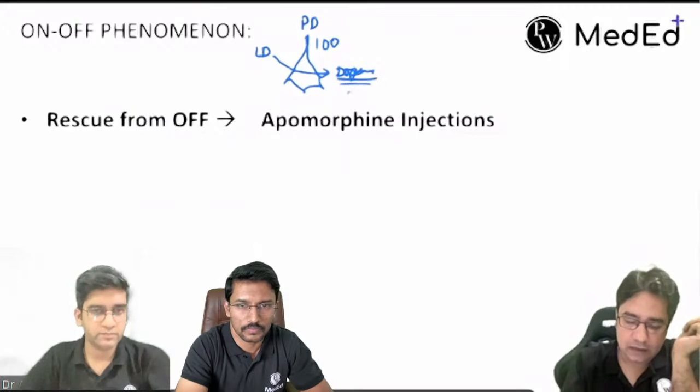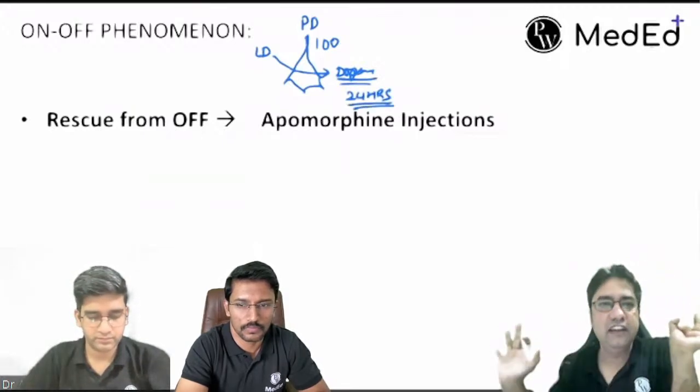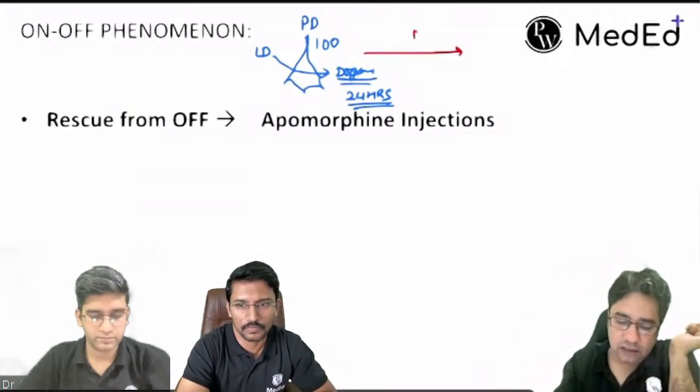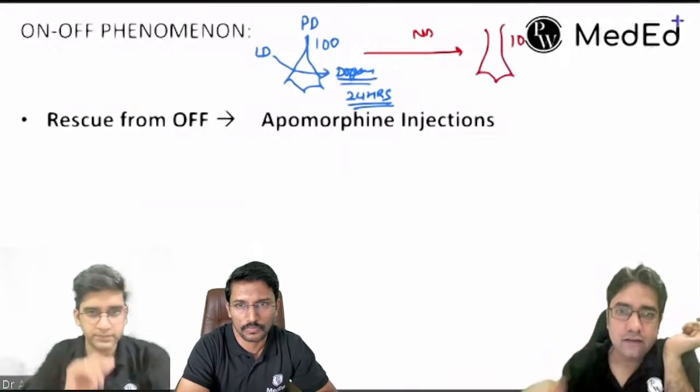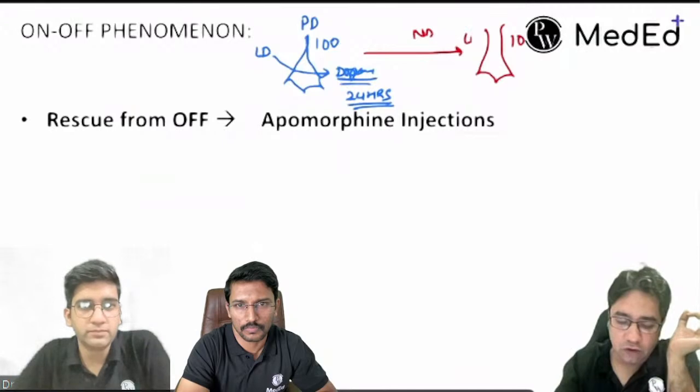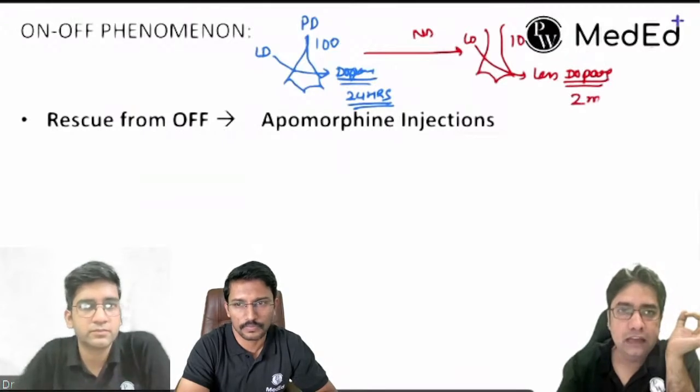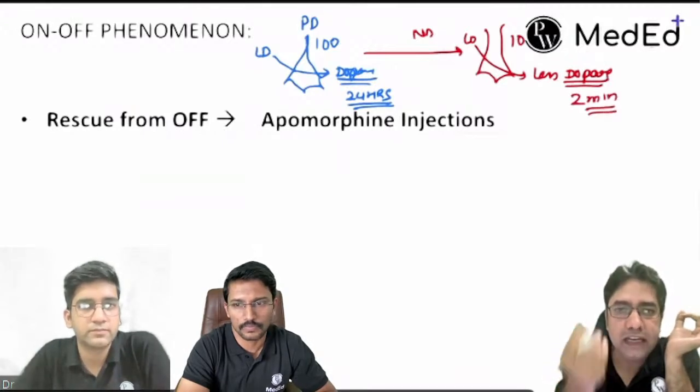And let's say this dopamine acted for 24 hours. The person was fine. Now, after 5 years, because it's a neurodegenerative condition, now only 10 neurons are remaining. Now, if you give levodopa, can we say very little dopamine will be produced? And this dopamine will now act just for 2 minutes.